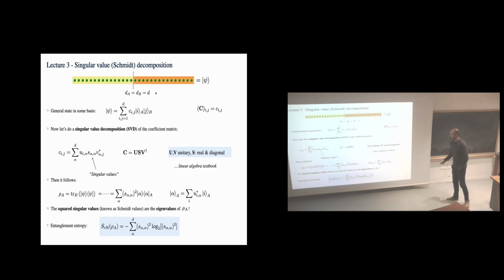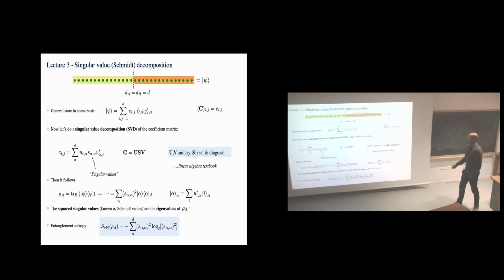And then one can do the singular value decomposition of this coefficient matrix. I don't want to go into too much detail, but this is something one can always do for a general matrix. It essentially means I have some matrix, I call it C, and I write it as a product of three matrices: a unitary matrix U, a unitary matrix V, and a real diagonal matrix S. In element-wise notation, it's written like this.